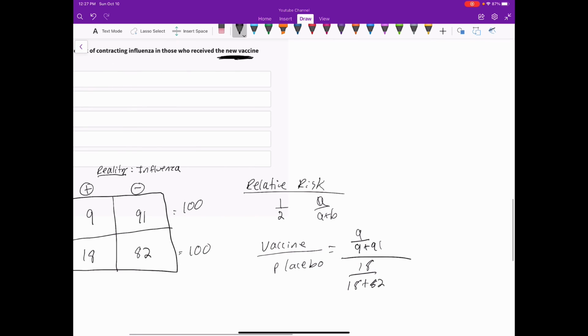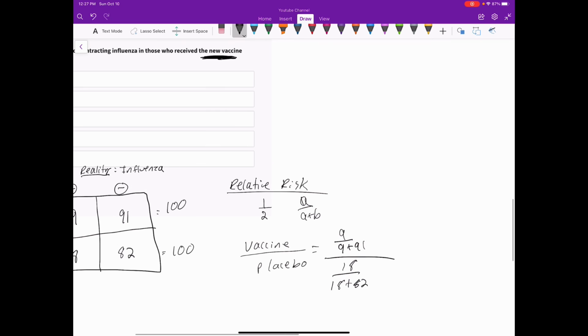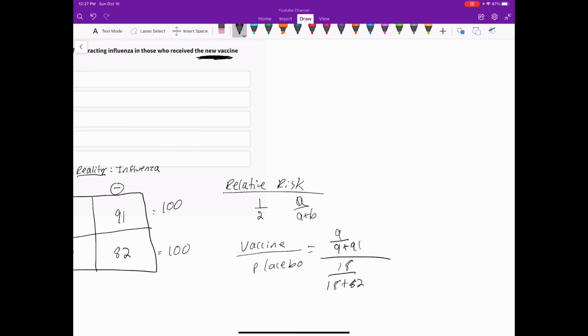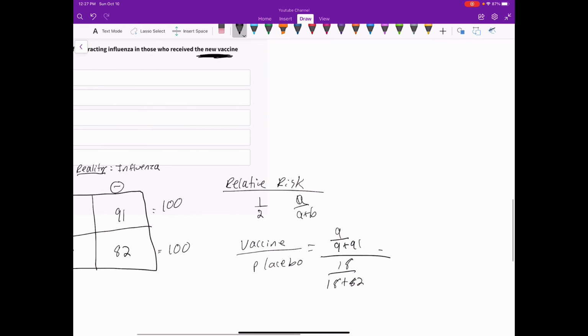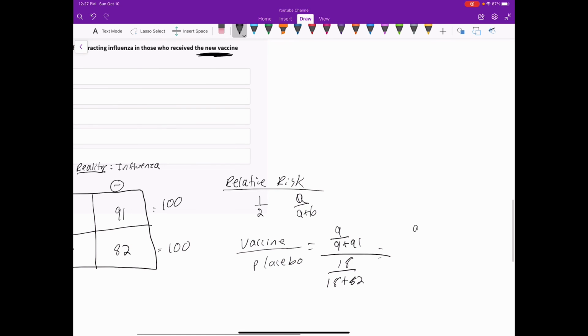Not too bad. And now, I don't know why, but come test time I kind of stress out with calculations. So just go very slowly. Go 9 over 100 over 18 over 100. And don't put it in the calculator as one big thing, because I usually mess up. So just break it down individually. 9 over 100 equals what? 0.09. 18 over 100 is 0.18.